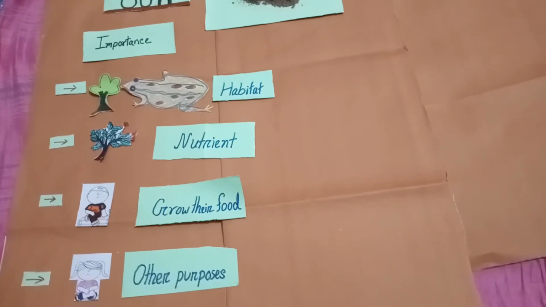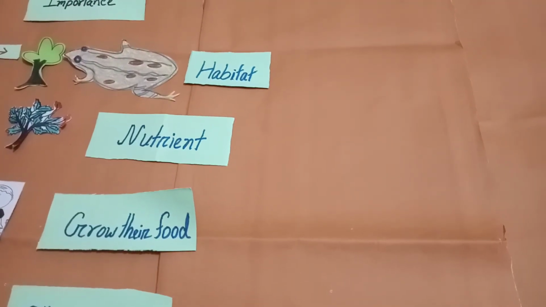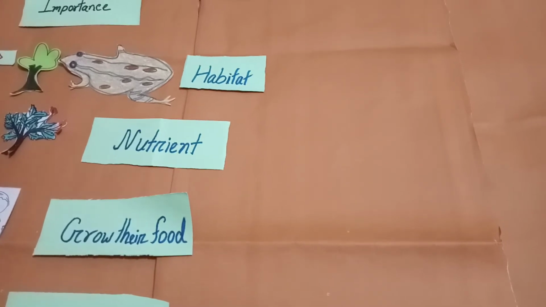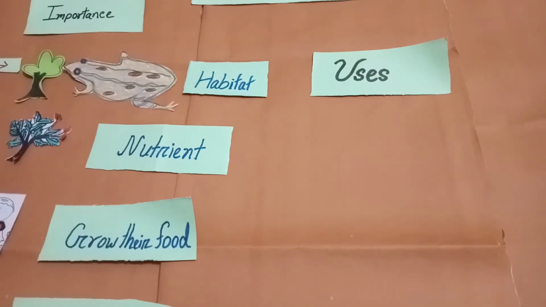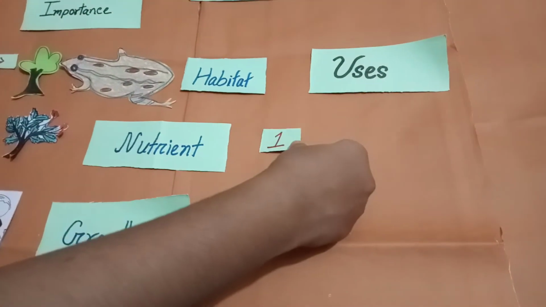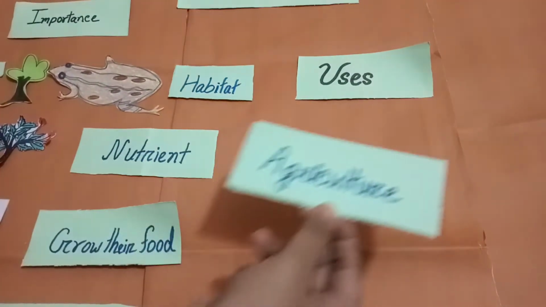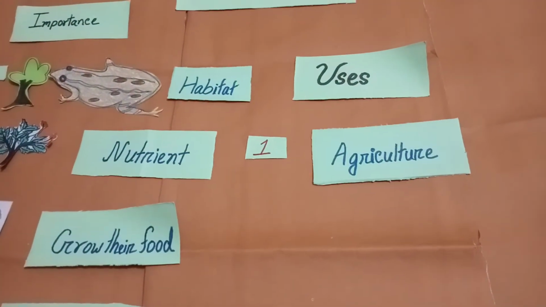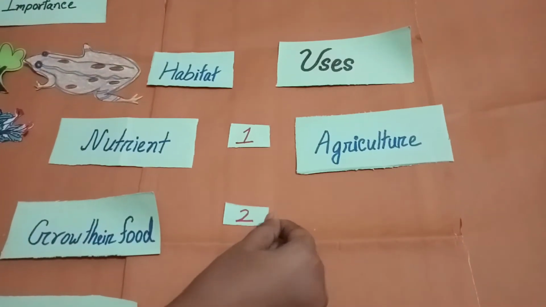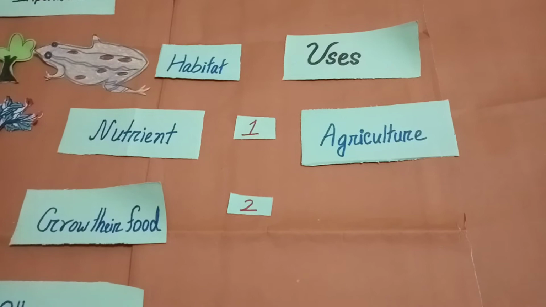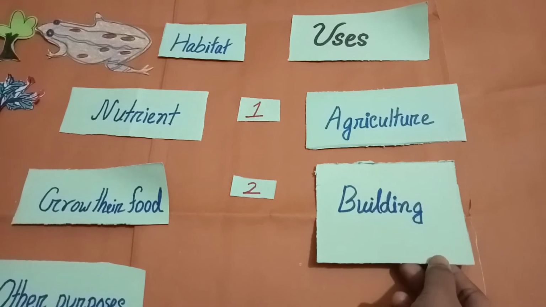Now we will know about the uses of soil. So, uses. Number 1, we use soil for agriculture. Number 2, we can use soil for making buildings or our houses.